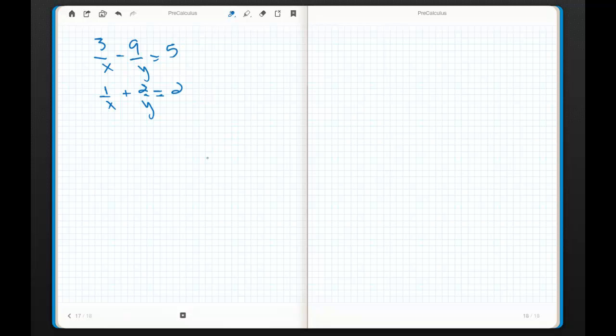Now, what does that even look like, right? I suppose if we had to, we could solve for something, but this is just going to be a strictly algebraic process. And the beauty is the process doesn't change. It's the exact same thing that you learned back in Algebra 1 and Algebra 2.